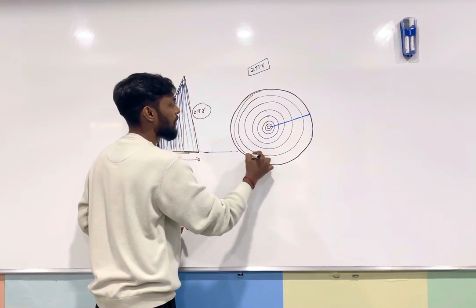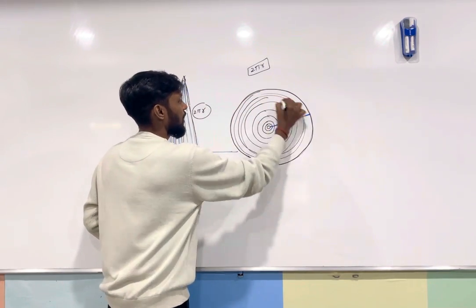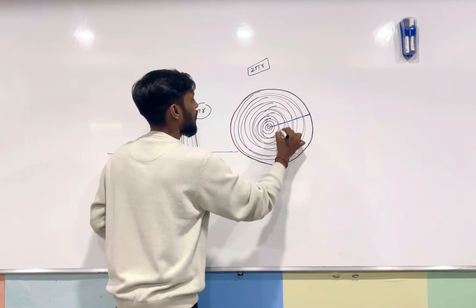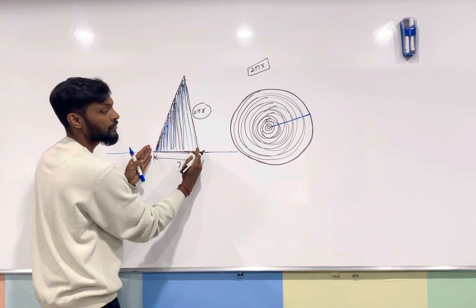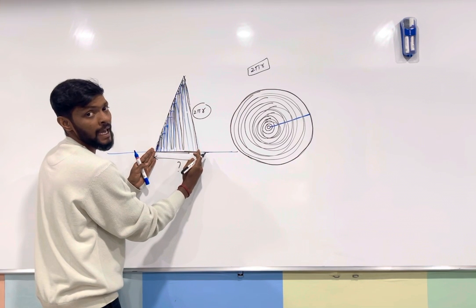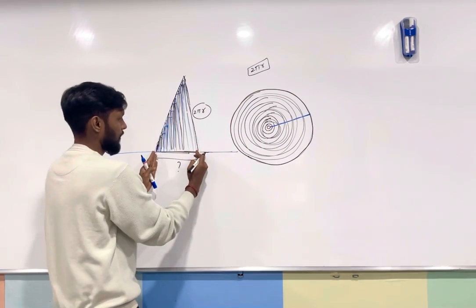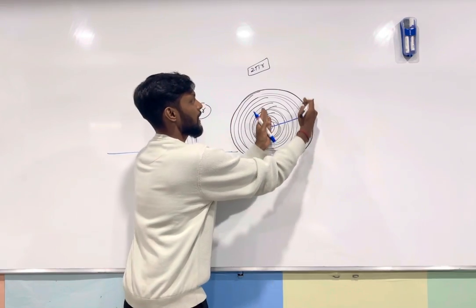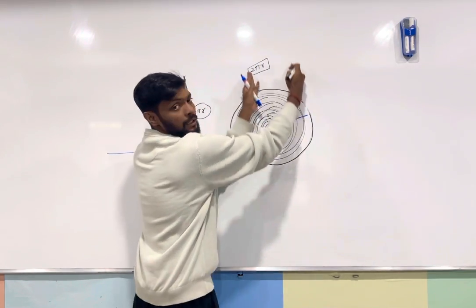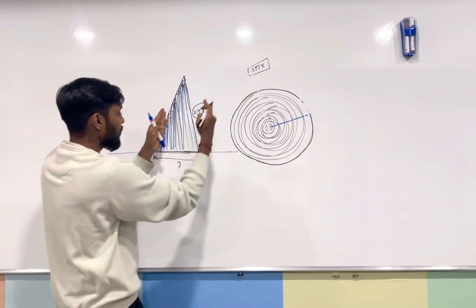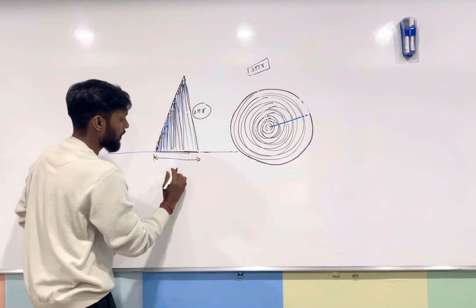It's not very tough to guess. It has come from here. There were these many rings, they are unfurled, they are now straight wires, and you have placed them from here to here. So this length will be nothing but r.